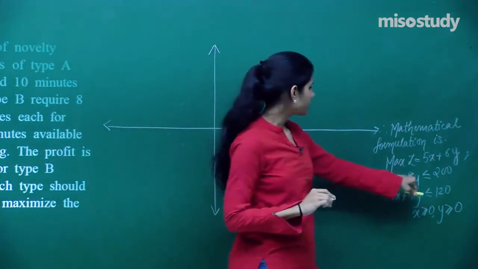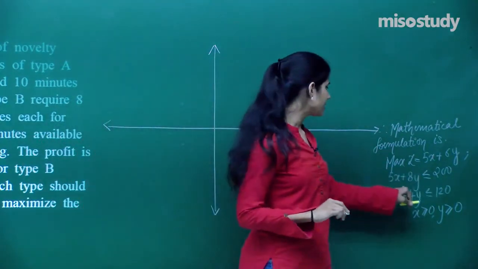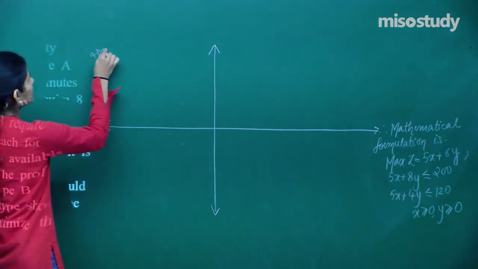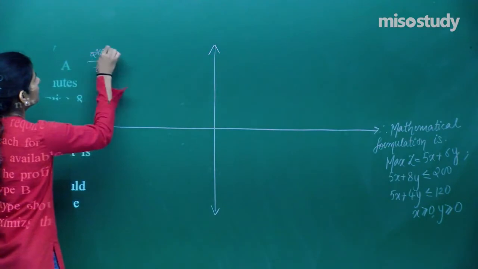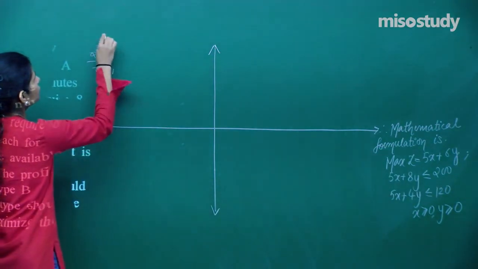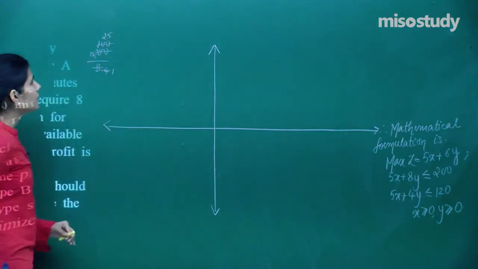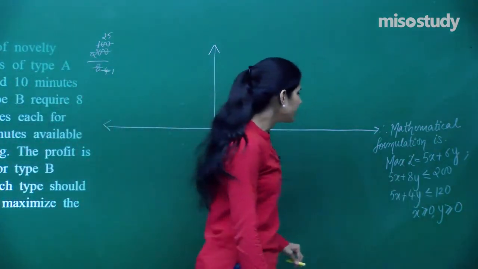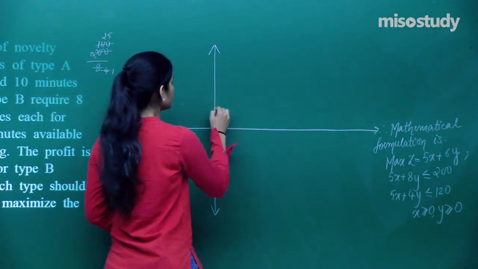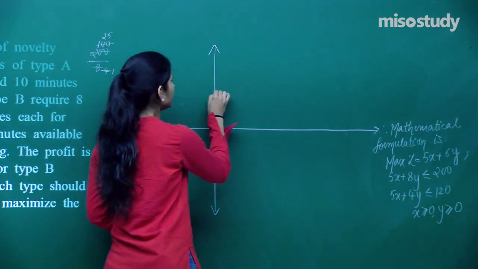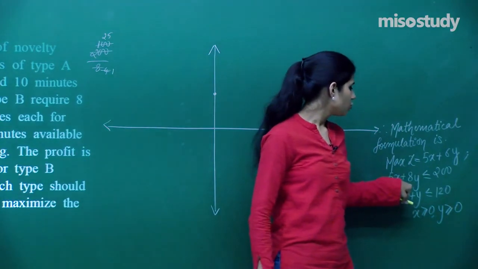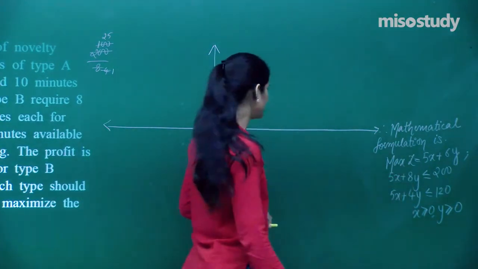First is 5x plus 8y less than or equal to 200. When x is 0, y is 200 upon 8, which gives you 25. So say this is somewhere 25. And when y is 0, x is 200 upon 5, that is 40.